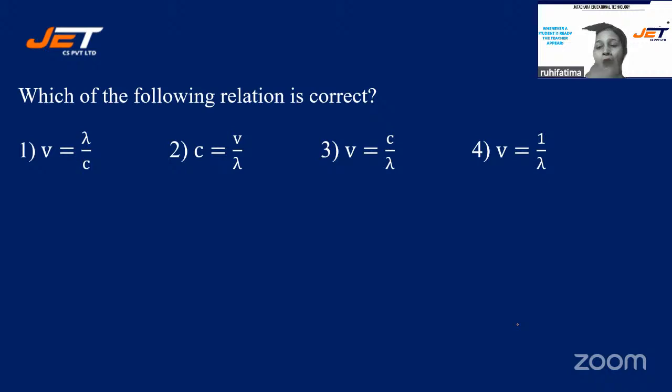Or is it option number four, V is equal to 1 by lambda? Which of the following relations is correct?